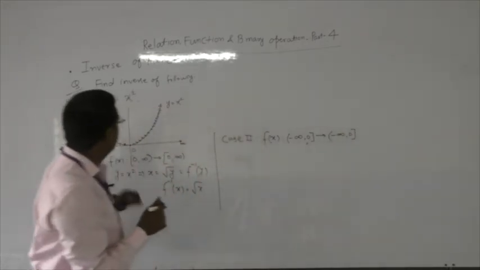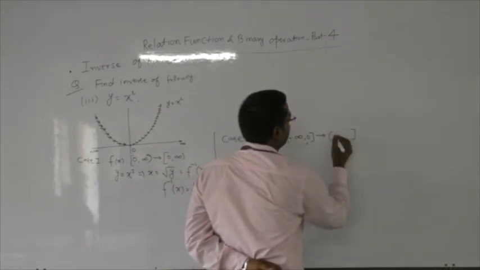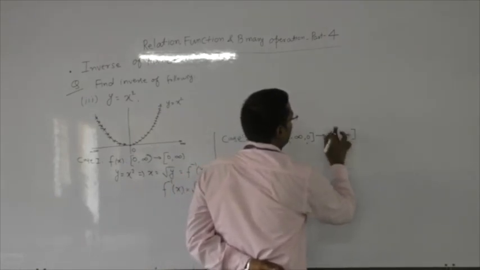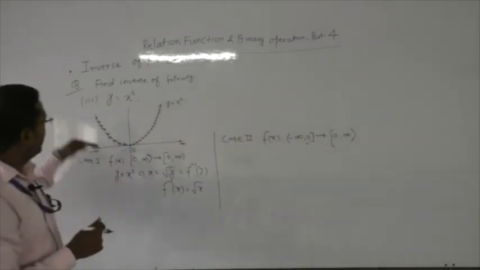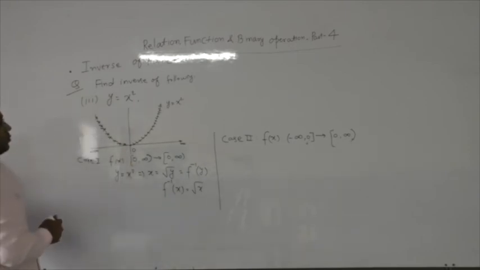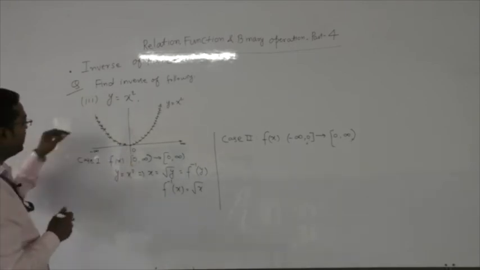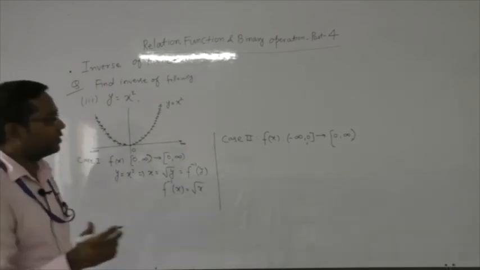That will again become 0 to infinity. The range is from 0 to infinity. The function again is one-one onto. The domain is from 0 to minus infinity, and the range you can see is 0 to infinity. Again, this is a one-one onto function.